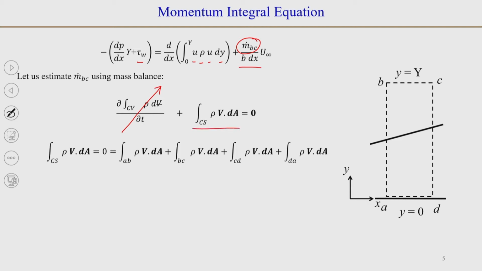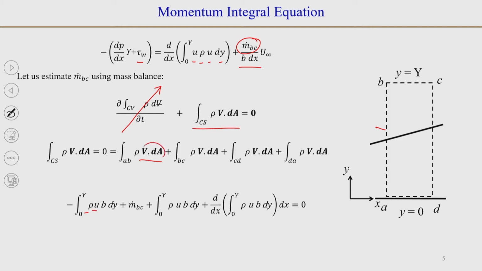Now, when we do that, we need to write the mass flow through all the surfaces. So, at the surface AB, which is this one, we can write the mass flow as rho u, v dot dA, which will be b dy, and we can integrate it from 0 to y.